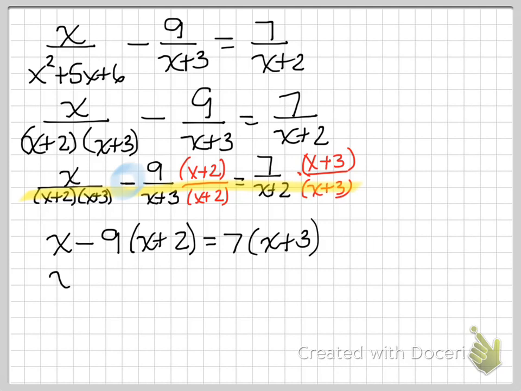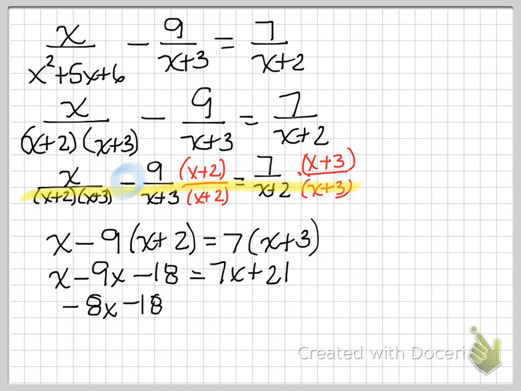So now distribute it. x minus 9x minus 18 equals 7x plus 21. Combine like terms, I get negative 8x minus 18 equals 7x plus 21. Move the 7x over, so minus 7x.